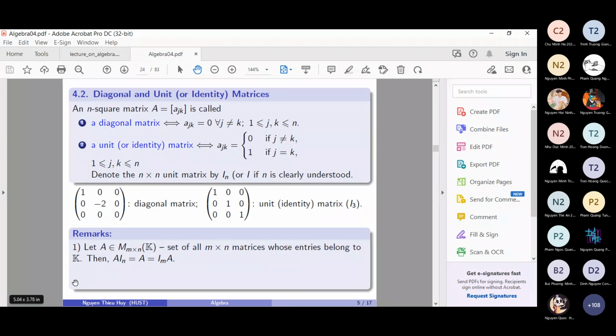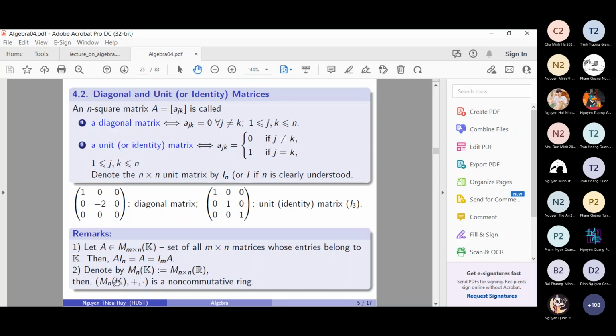We denote by M_n(K) the set M n by n, because now m equals n, so there is no need to write two same letters. So I just write one to represent n by n.